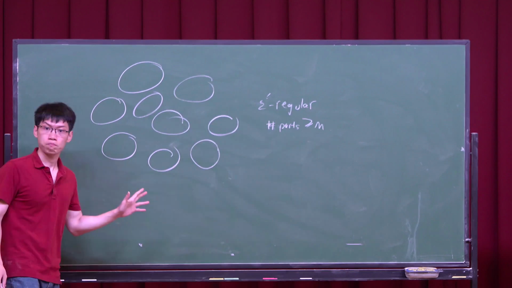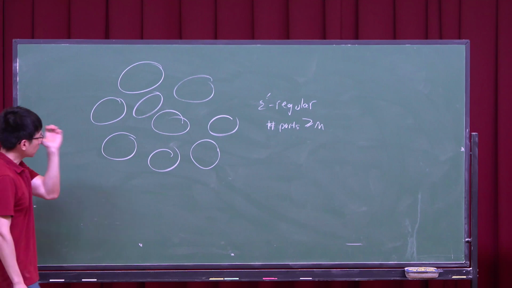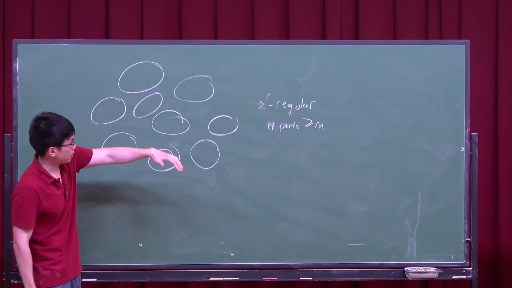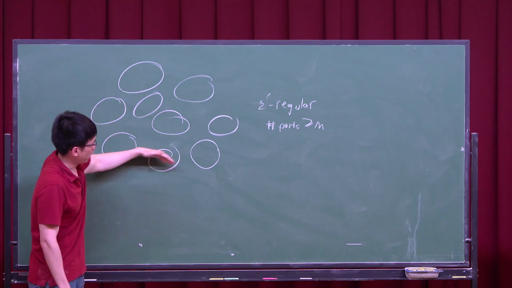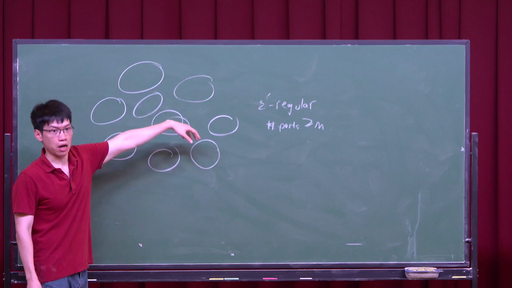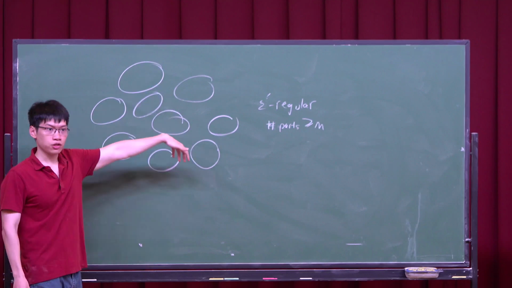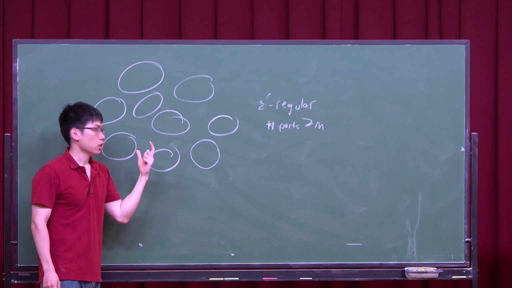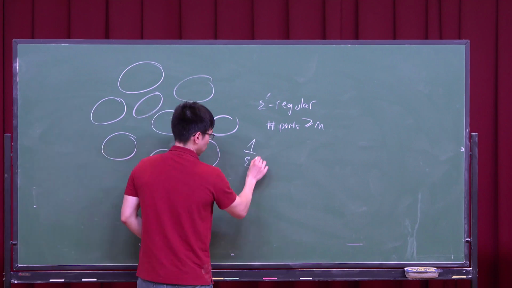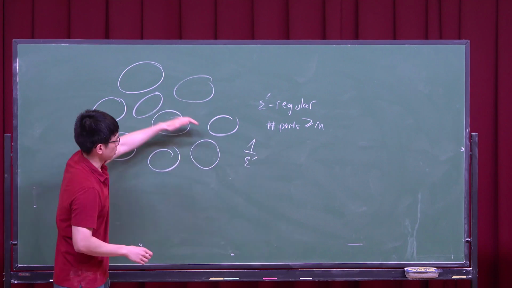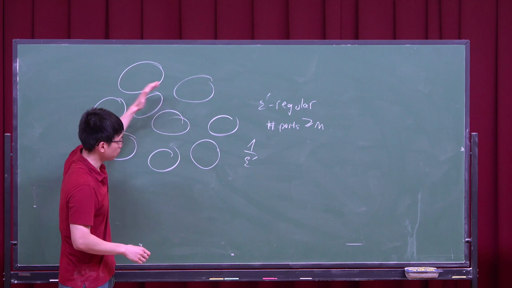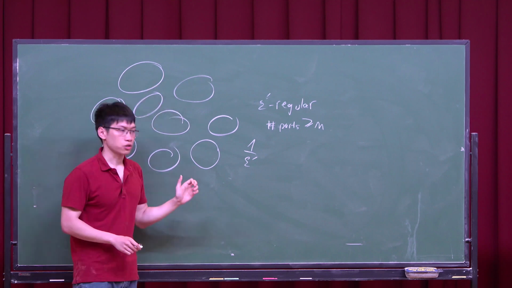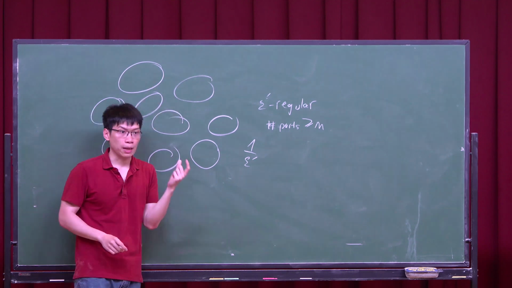Okay. So the point here is that all but an epsilon fraction of the pairs in this picture are epsilon regular. So the first step is to use Rödl's theorem to extract 1 over epsilon prime parts in this picture, so that every two of them are epsilon prime regular to each other. Right.